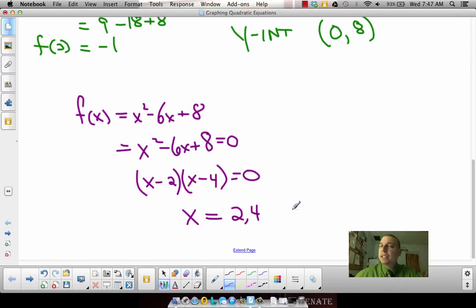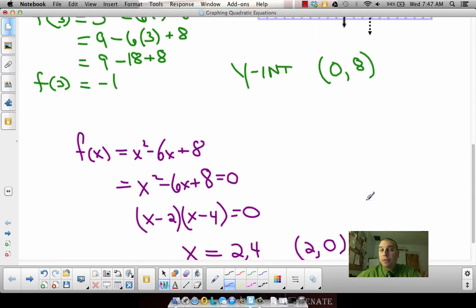All right, so now I need these as points. So these are the points for the x-intercepts. So I know x is 2, and I know that x could be 4. Well, if I'm crossing the x-axis, which is my x-intercept, what's the value of y going to be? Exactly. It's going to be 0.